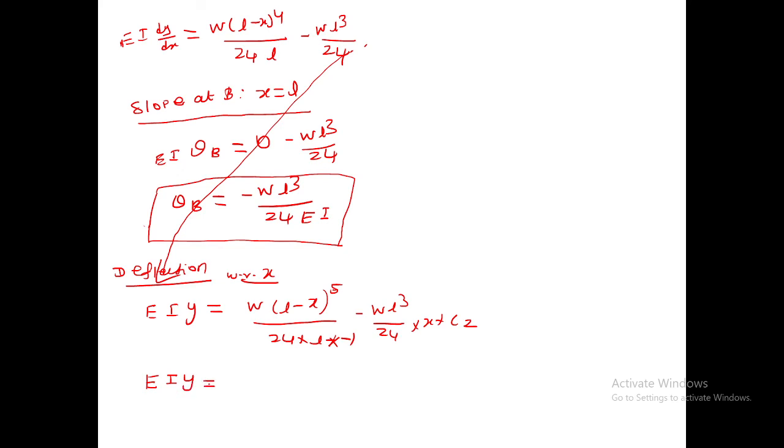So EI y equals minus W divided by 24L into L minus x power 5, minus WL cube divided by 24 x plus C2.